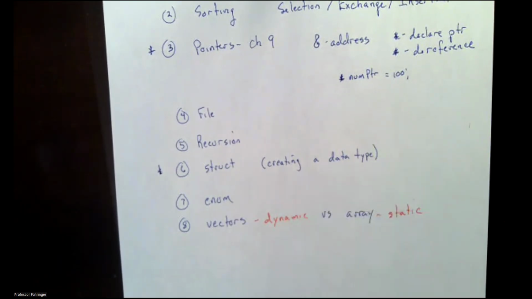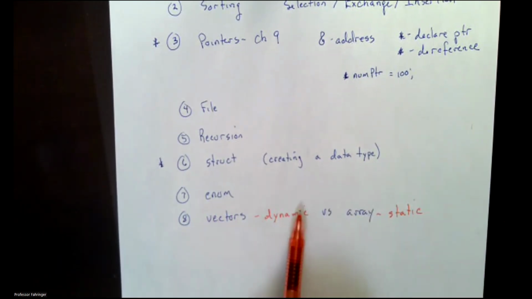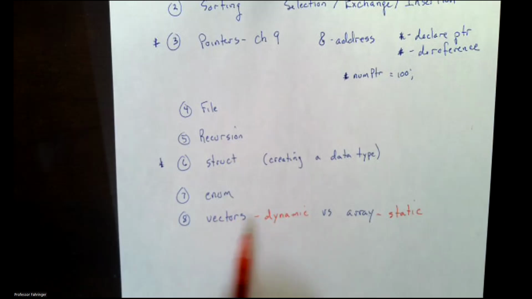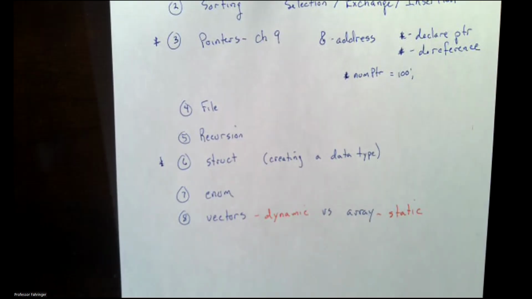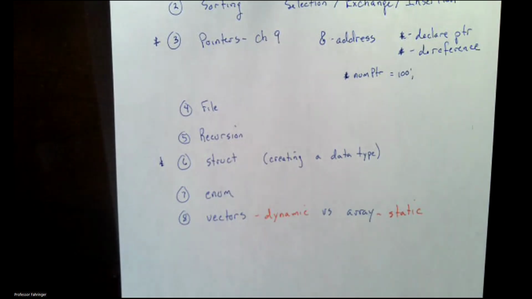Good. We're going to do a lot of work with dynamic data types. We're not going to use vectors though. We're going to compare how it works if I wrote it, dynamic versus static, and we're going to get more and more as we go.